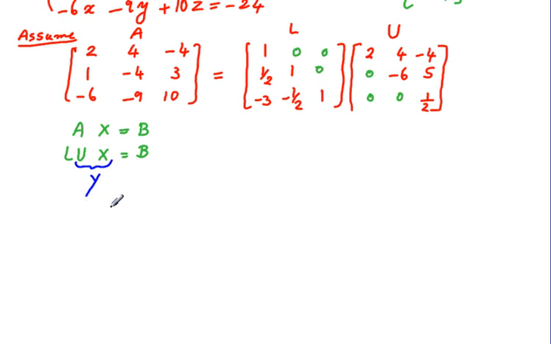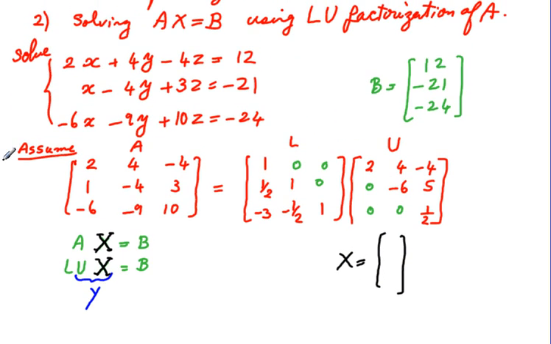So this X that we are referring to here, who is that X? X is the vector of quantities you were after. Who are these? Little x, little y, little z.